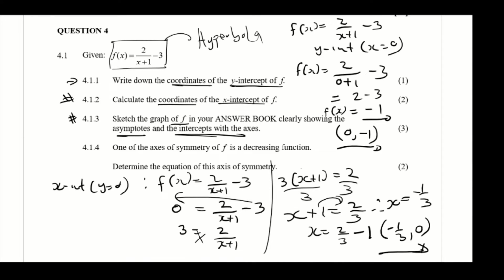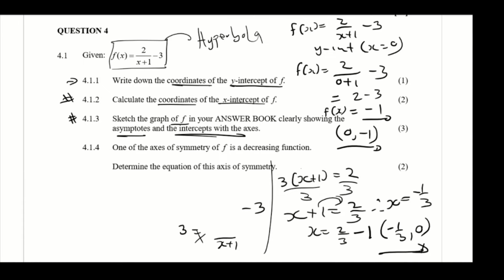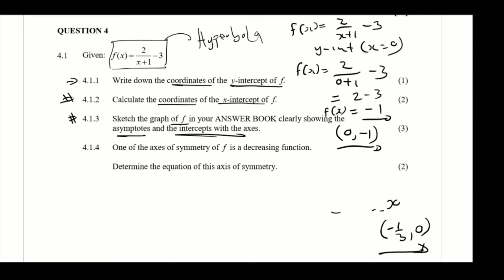So I'm just going to draw the graph here at the bottom. So we're having our intercepts. We have our x-intercept, which is minus 1 over 3. We have our y-intercept, which is 0 and minus 1. So it's important. And our asymptotes.